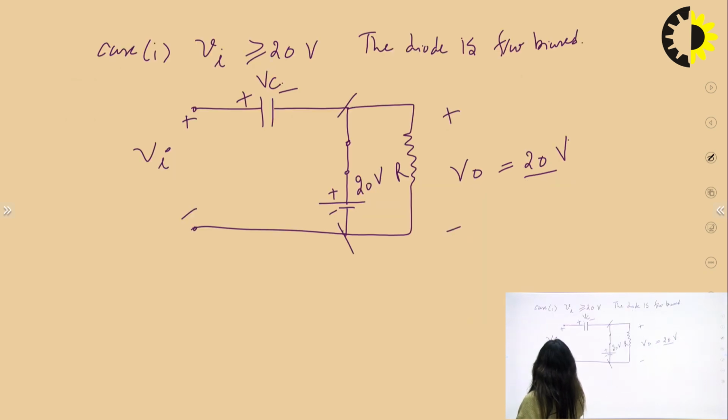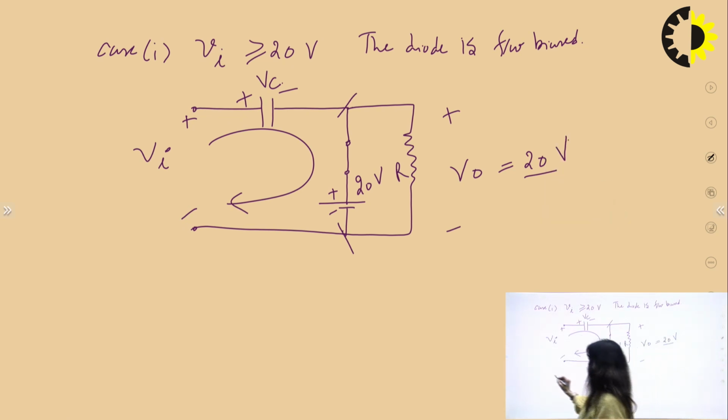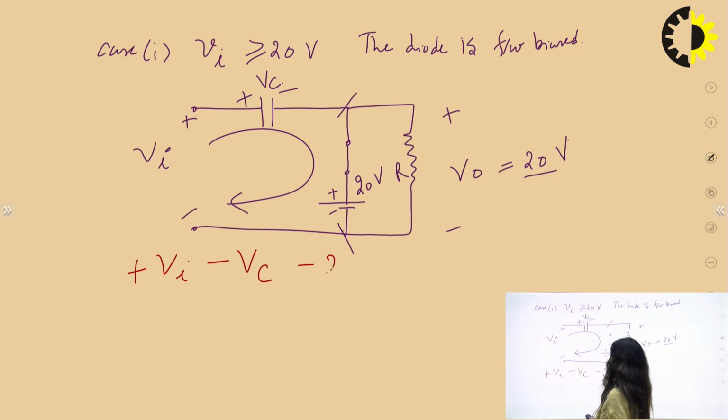So I will apply KVL in this loop: plus Vi minus Vc minus 20 is equal to 0. So Vc is equal to Vi minus 20.